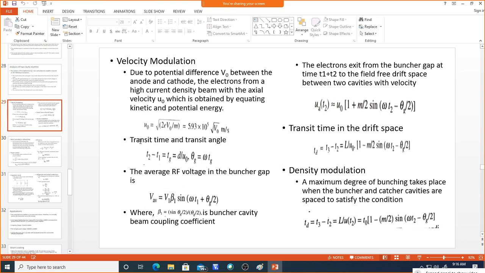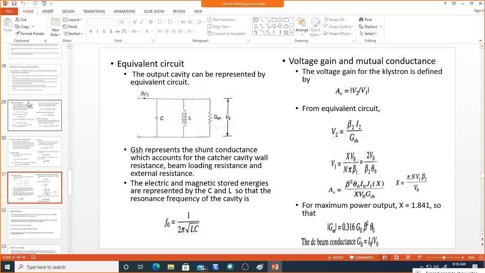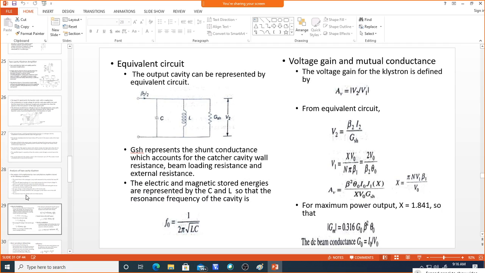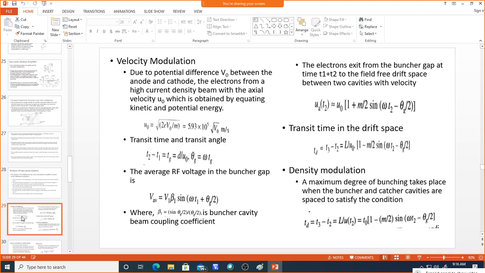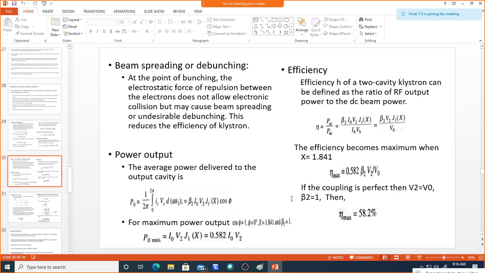You can take this expression and try to calculate V naught for the two cavity klystron.